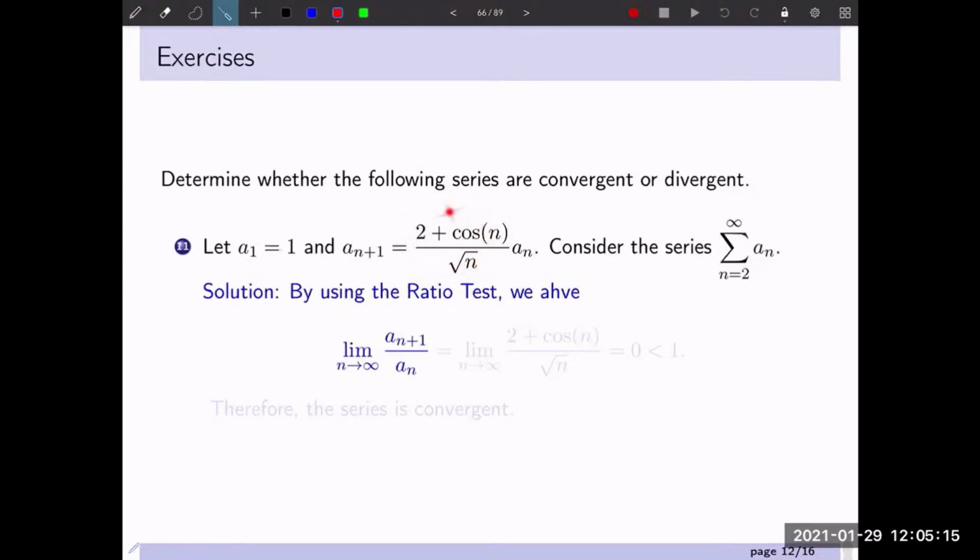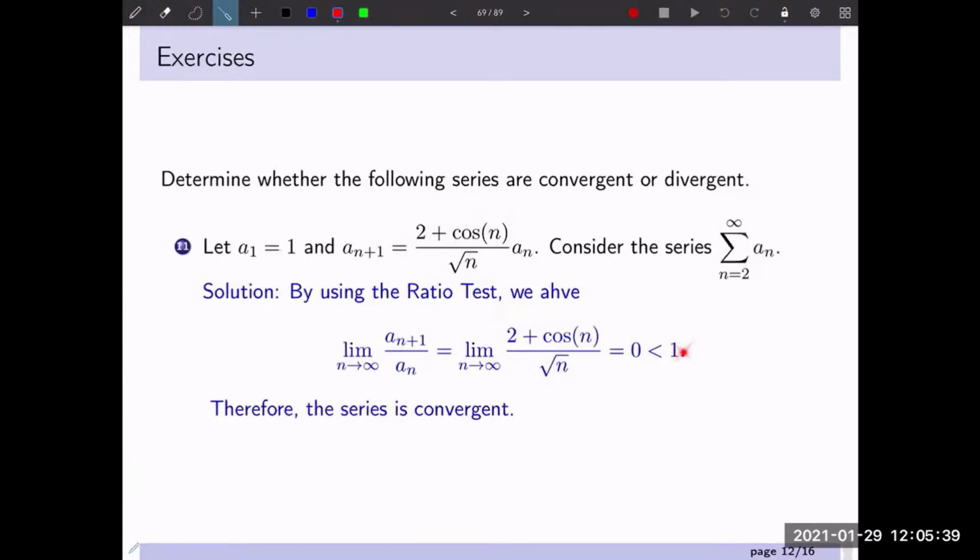Since the ratio is positive, you get a positive series. And if you look at this ratio, by taking the limit, you get 0. Because the upper side is smaller than 3, but the lower side tends to infinity, it would be smaller than 3 over infinity. The limit would be 0, smaller than 1, and therefore the series would be convergent.